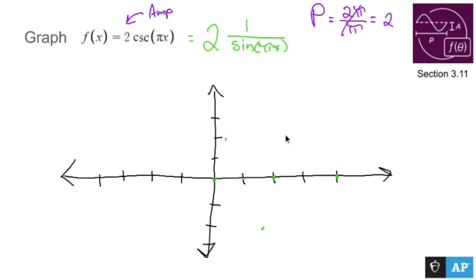Go up to 2, come back down, go down to -2, come back up, and vice versa. So go down to -2, up to 2, -2, 2, boom. Okay, so this is like my rough sketch.